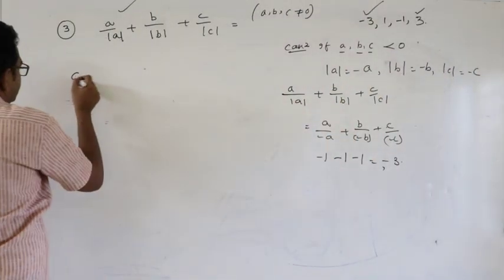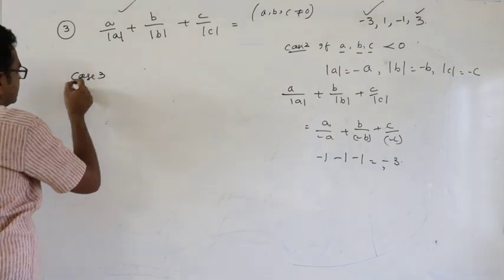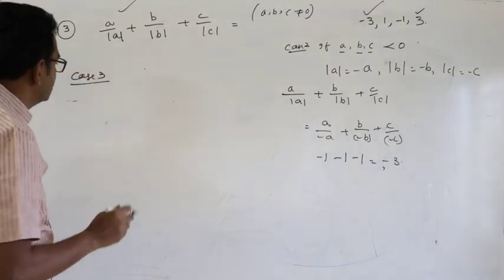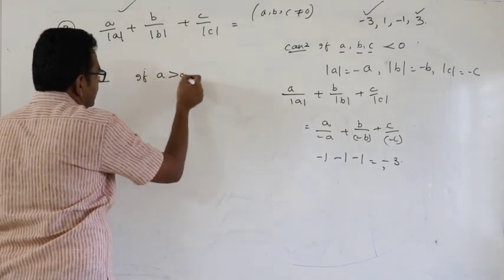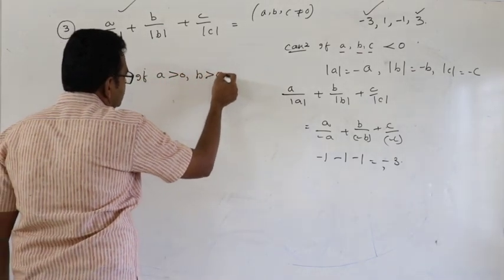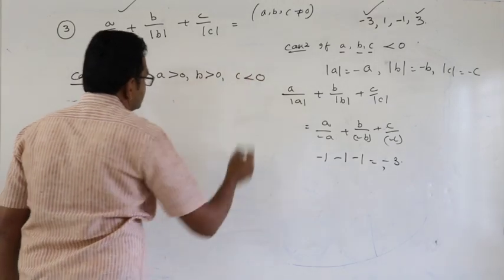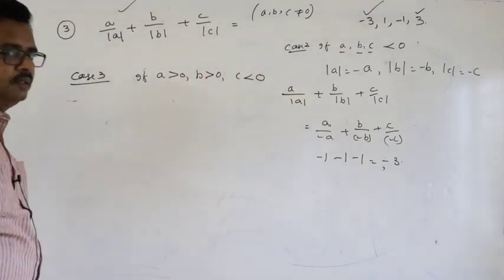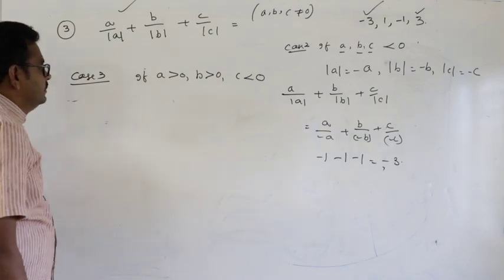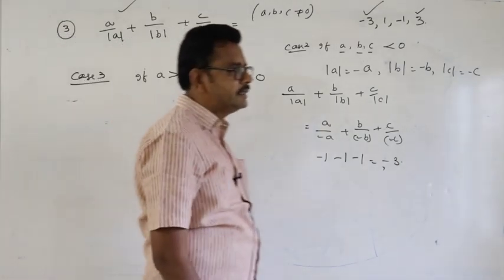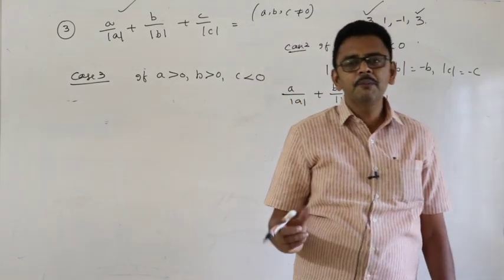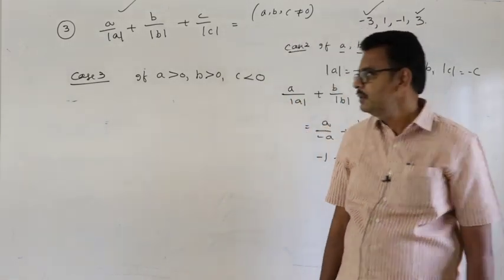Next one, case 3. If A is positive and B is positive and C negative, that means two numbers are positive, one is negative.